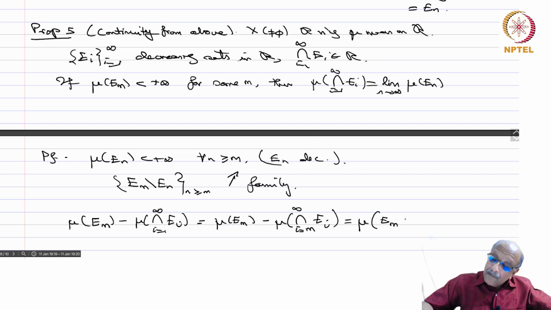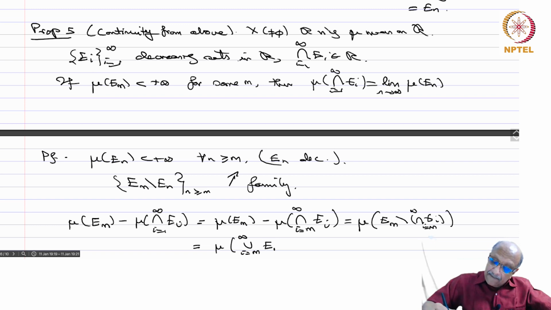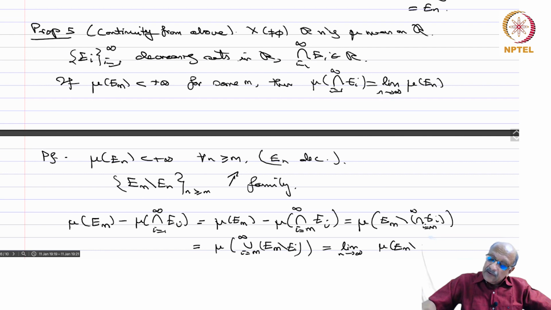Now that is equal to mu of E_m minus intersection i equals m to infinity E_i by the subtractive property, because this has finite measure. So when you subtract, this is nothing but the measure of the difference. So that's equal to, by De Morgan's law or whatever you like, union i equals m to infinity of E_m minus E_i. But we just saw that these are all increasing sets, and therefore this is equal to limit as n tends to infinity mu of E_m minus E_n.